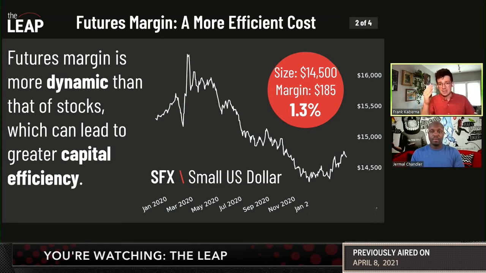What's really nice is the dynamic nature here that you can speak to in a second, bringing you down to just 1.3% currently capital requirement for a futures version that we're looking at, the small US dollar.